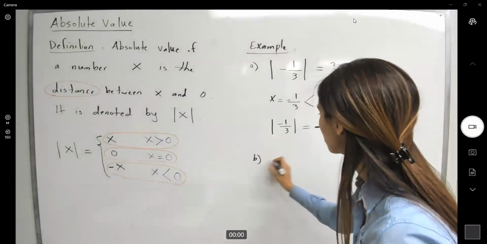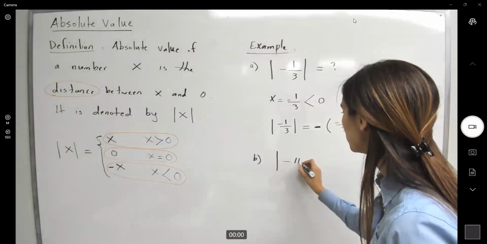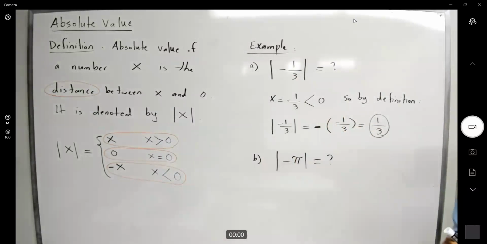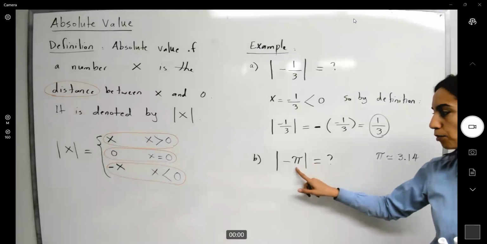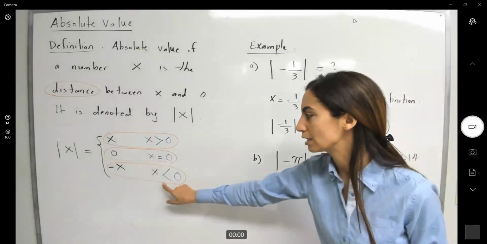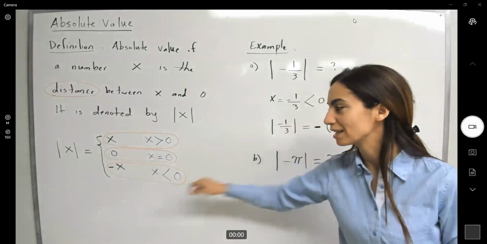Another example for you. What is the absolute value of minus pi? Remember what pi is. Pi is just a number. Approximately, we write it as 3.14. So pi is a positive number, but it has a negative sign in front of it. It means that you are dealing with the third case, x is less than 0.